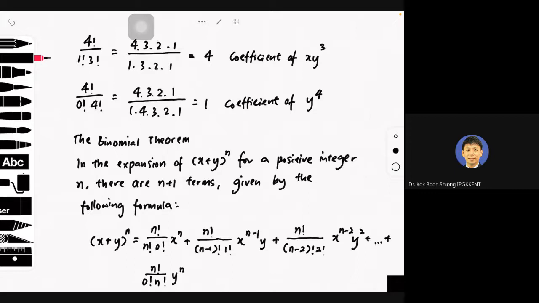So the y to the power 0 is equal to 1. Okay, and then plus n factorial over (n minus 1) factorial and 1 factorial, this is actually x to the power n minus 1 and y.